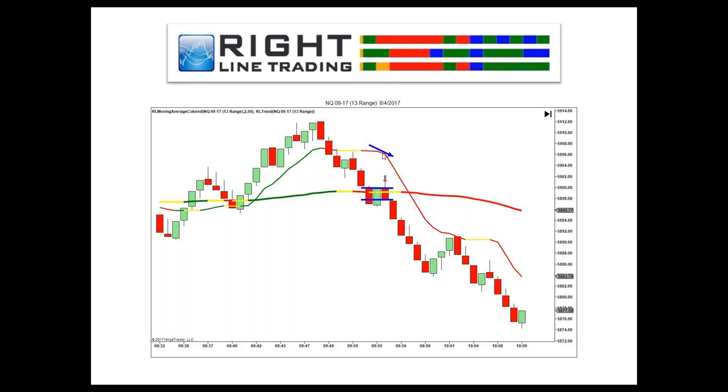We want to respect the 15 and take the short trade, if anything, to the downside. So it's an area where the direction that you want to trade is a little more ambiguous, but that ambiguity is totally removed if we look at the 15 in relation to price action.